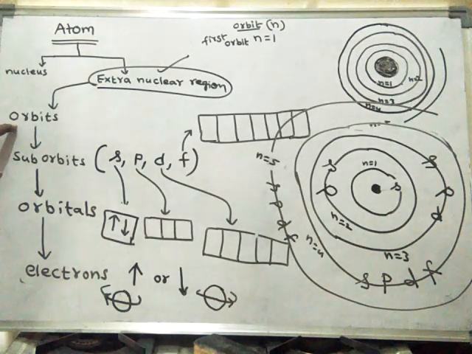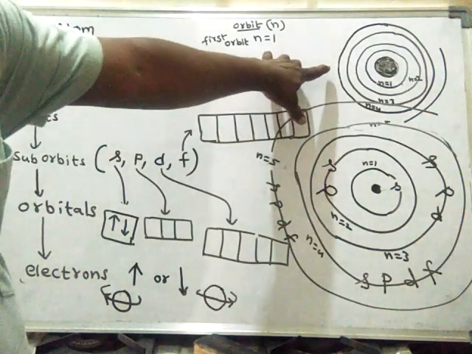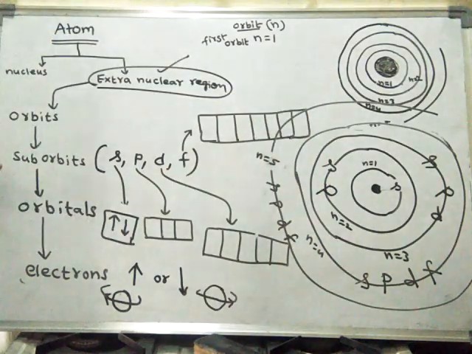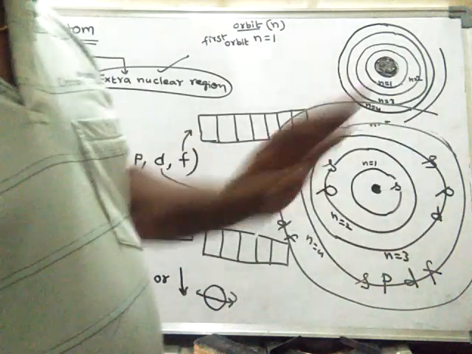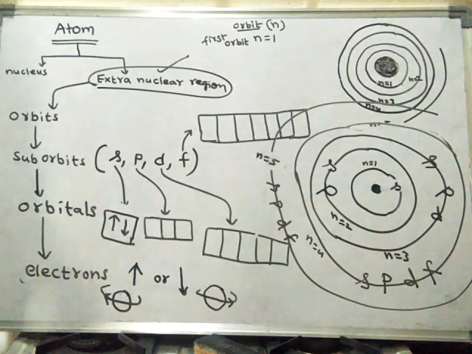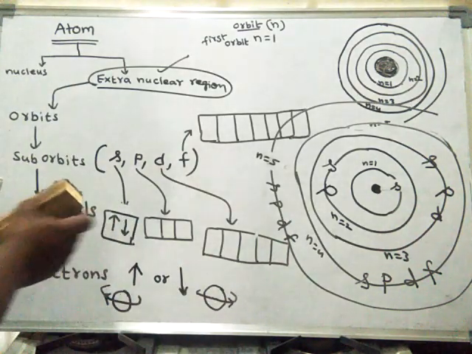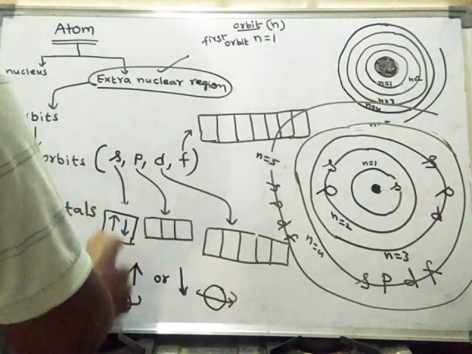So in this diagram, by using orbits, the atom will be like this. If you want to show suborbits also, then it will be like this. If you want to show orbitals, how should we draw the diagram of an atom by using orbitals?